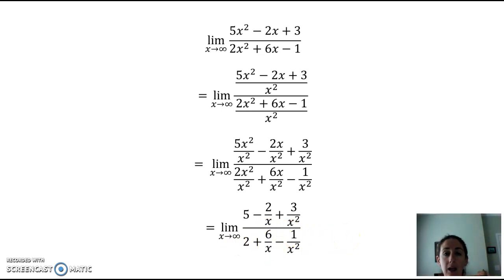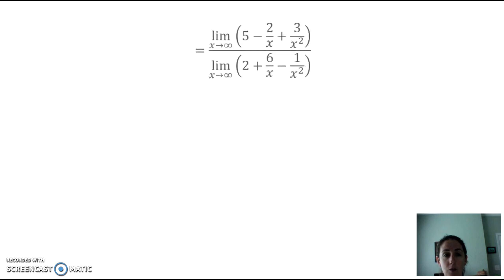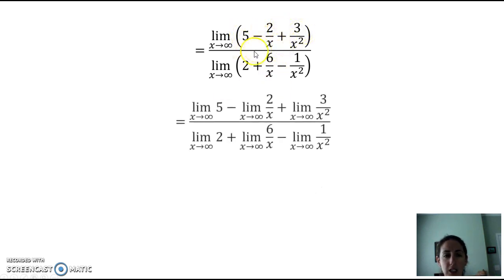Now, if you look back at our limit laws, for a fraction like this, we can rewrite that as the limit of the numerator over the limit of the denominator. And since these are all being added and subtracted, we can take the limit of each of them individually. The limit as x approaches infinity of 5 is just 5.